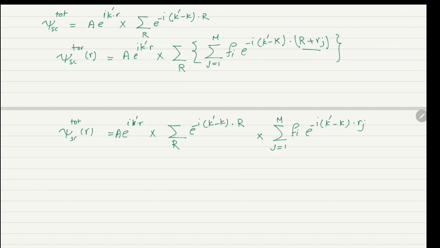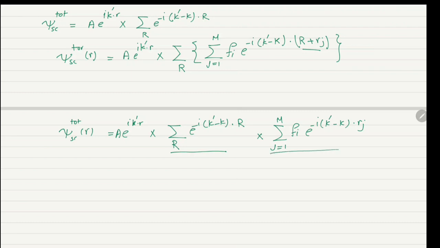In such a way, the second factor, involving the sum over all lattice points r, is large only if k prime minus k is a reciprocal lattice vector.